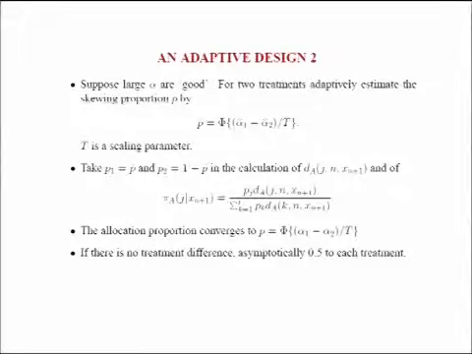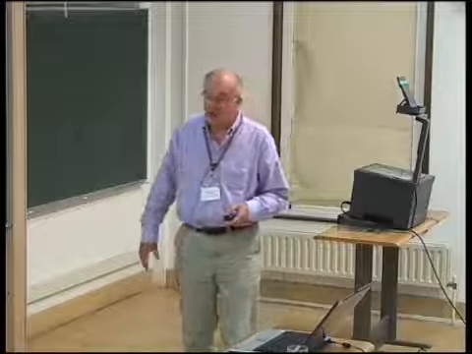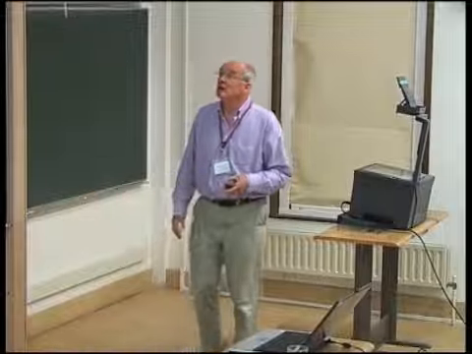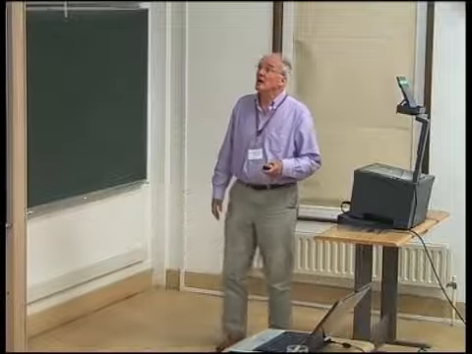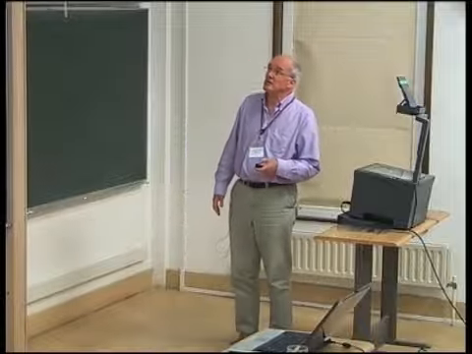These alphas are going to be the estimates that we get during the clinical trial. We go along re-estimating after each patient. So you take P1 equals P hat and P2 is 1 minus P hat in the calculation of this probability. And the allocation proportion eventually converges to this. And if there is no difference in treatment, we'd asymptotically get half of the patients on each arm of the trial.